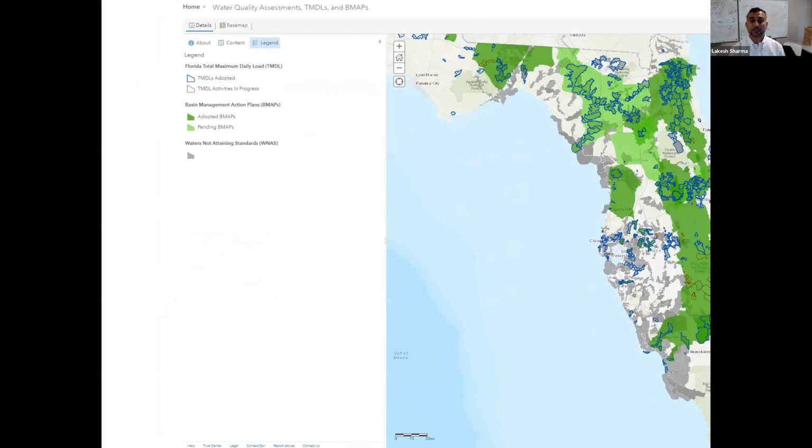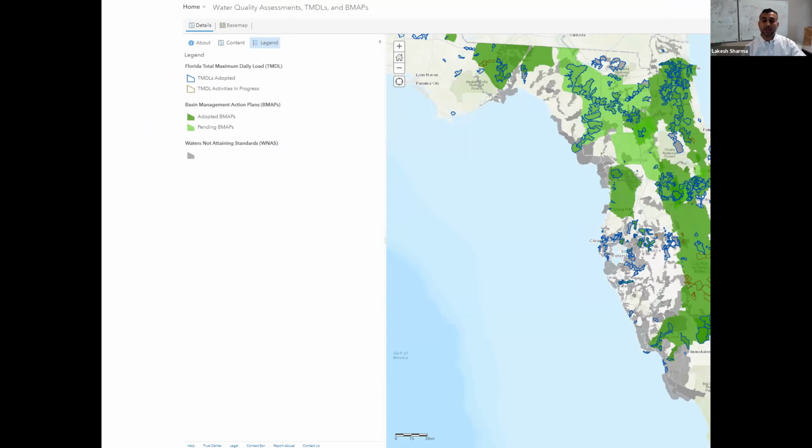Okay, so this is the BMP map that I got from the Office of Ag Water Policy website, and if you see, there are BMPs everywhere, and that's because the nutrient loading into the water is higher than the standard required protocols.